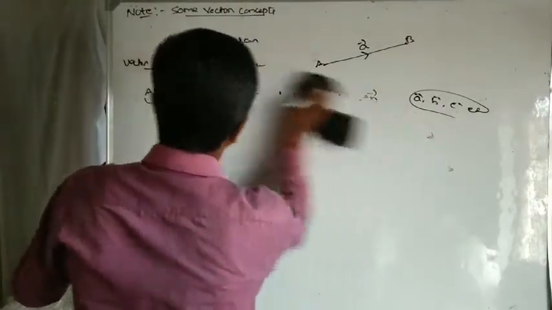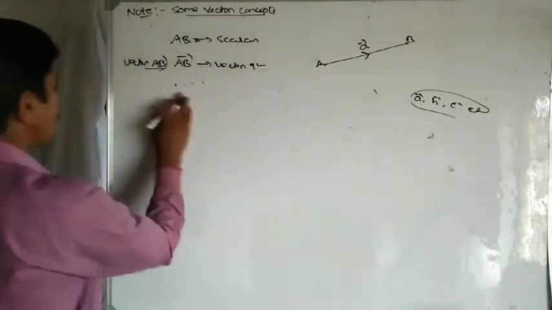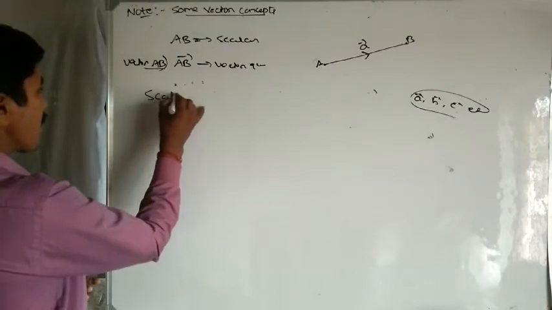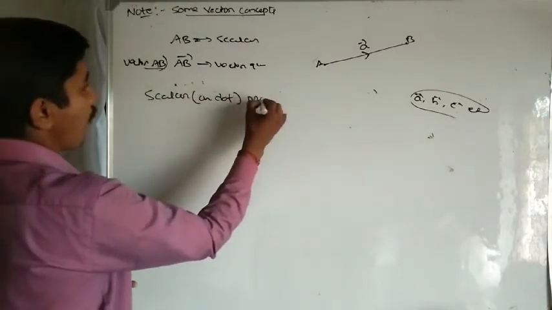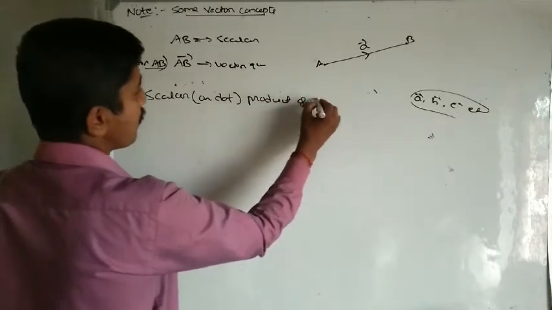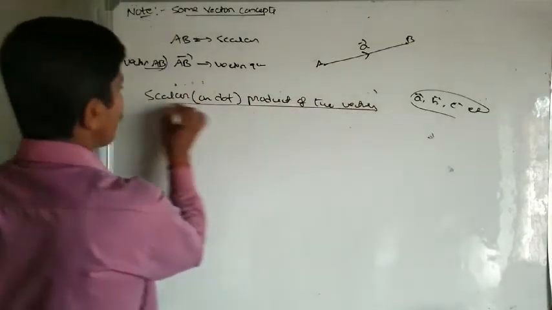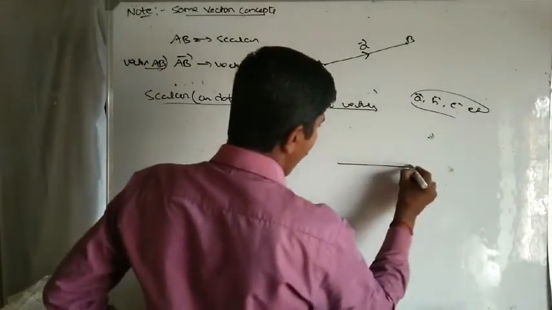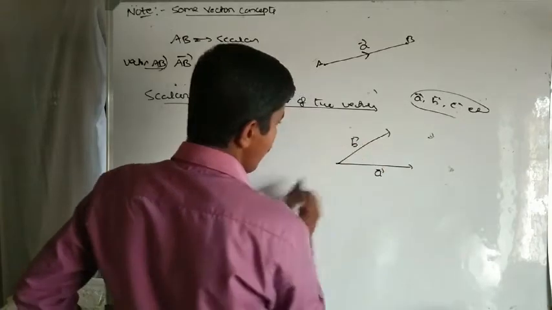So next one, scalar or dot product of two vectors. Vector A, vector B I am taking.